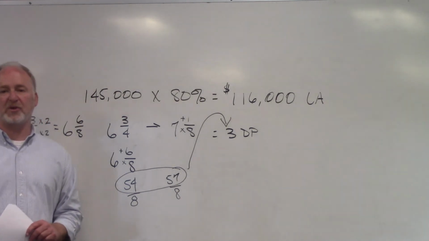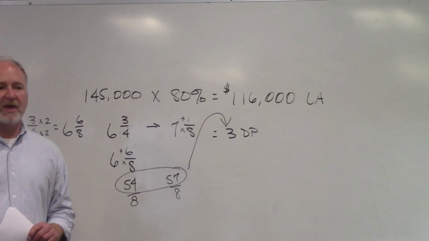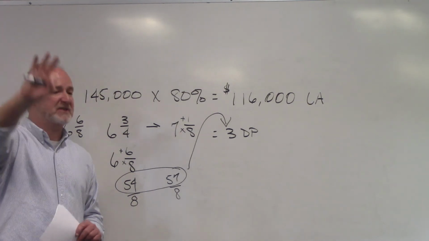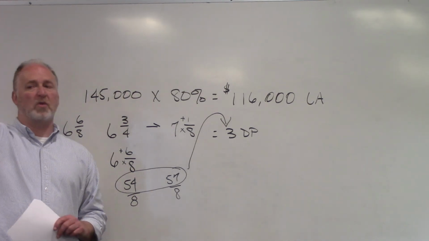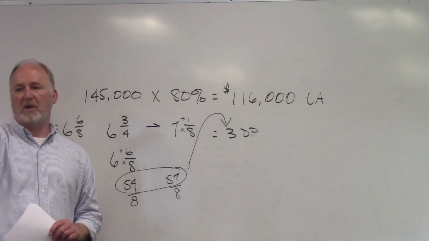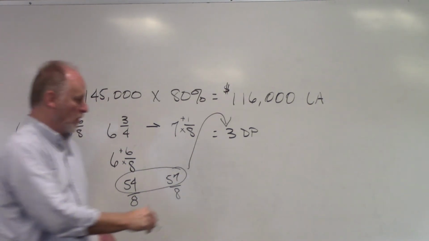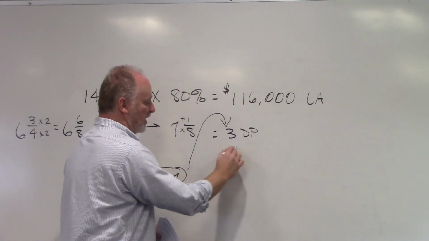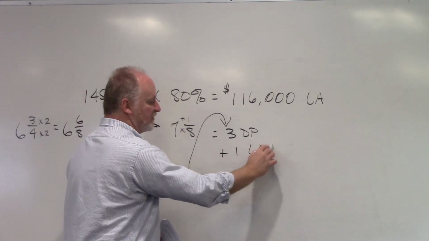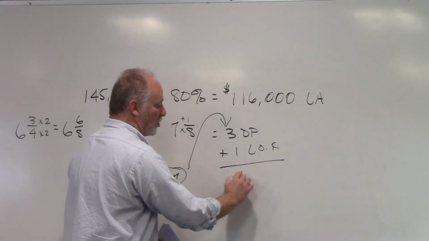Now, there's one last trick to this problem, wasn't there? Because not only is the bank charging 3 discount points, they're also charging 1 point for what else? Loan origination fee. So how many actual points are they charging? 4. So 3 for discount plus 1 for loan origination fee, 4 points total.